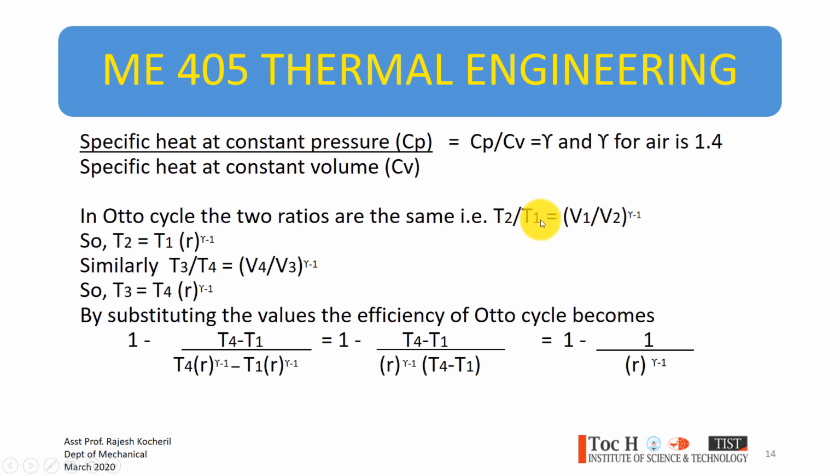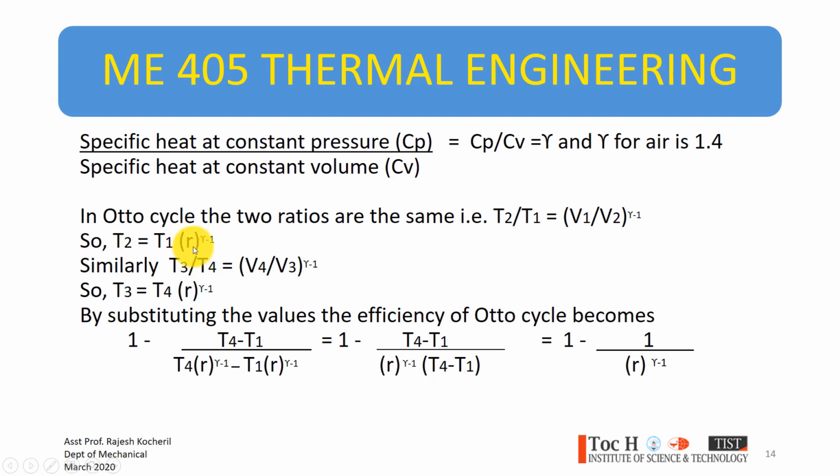Therefore, in the numerical session you may have the value of T1, the temperature at salient point 1, but you may not have the value of T2. But if you know the volumes V1 and V2, you can find out the value of T2 because the value of gamma is known to you. From this equation, T2 is equal to T1 into r raised to gamma minus 1.